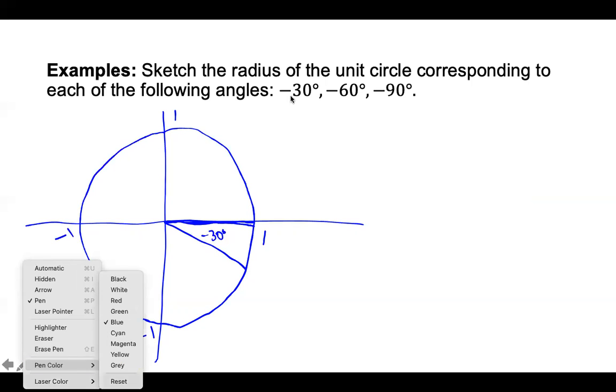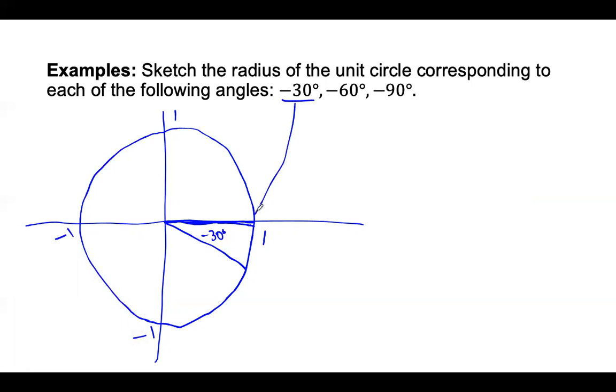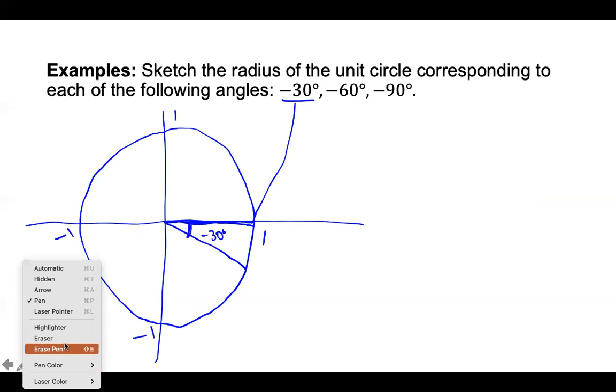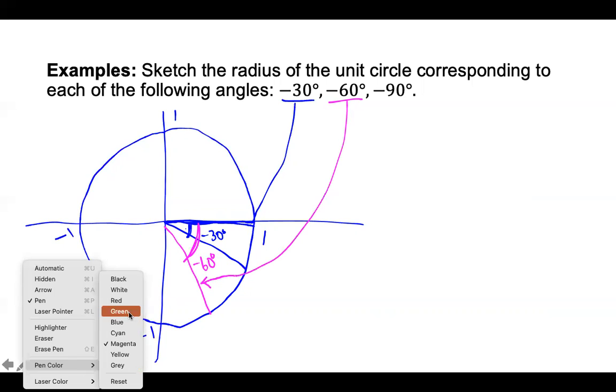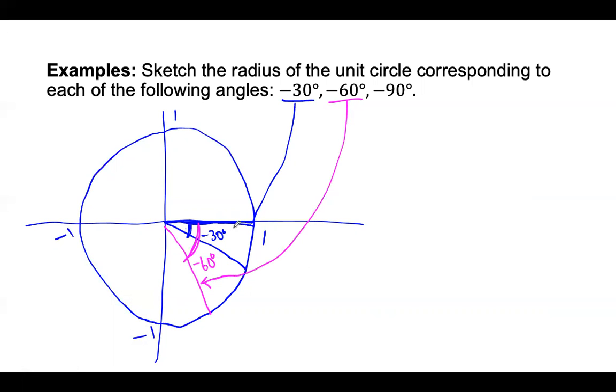What about -60? So -60 would basically be downwards another 30 degrees. So this would be negative 60. And then our last one, green, would be negative 90.